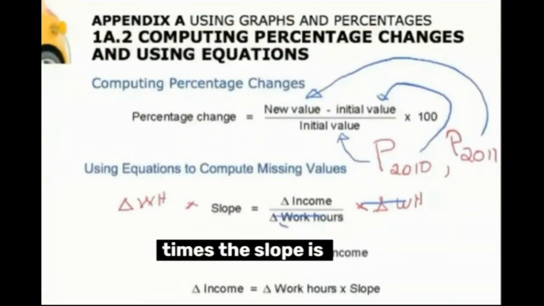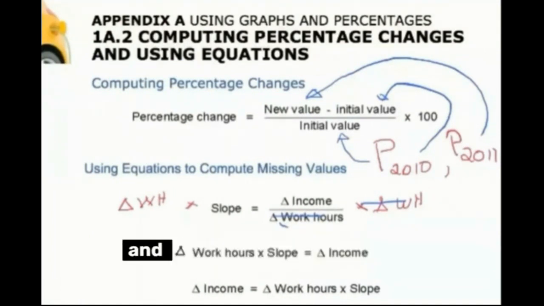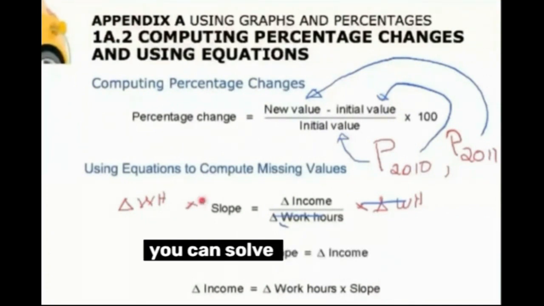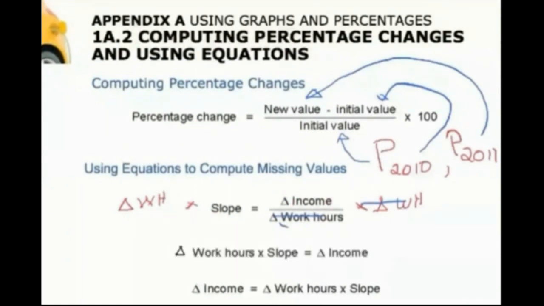The change in work hours times the slope is equal to the change in income. So if you have an equation with three variables in it, and you know any two of them, you can solve for the third by looking at straightforward algebra to solve for the variable that you don't know.